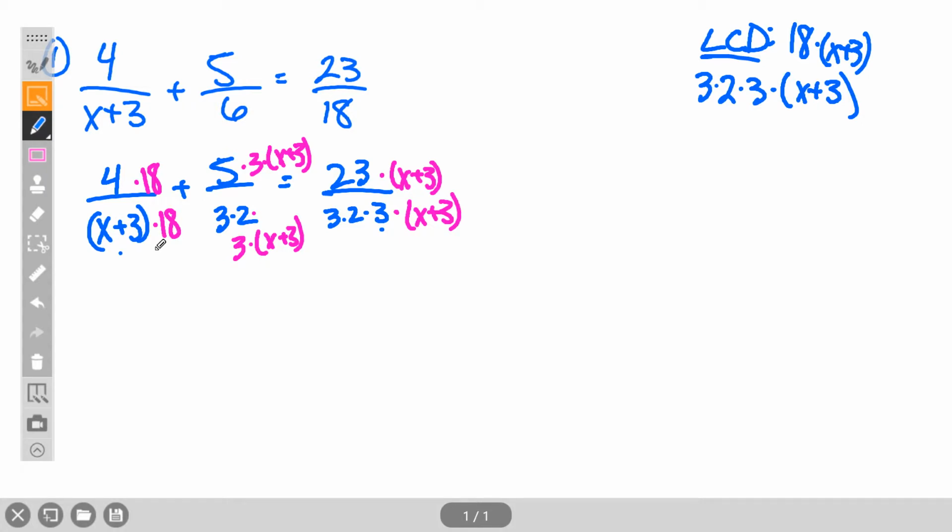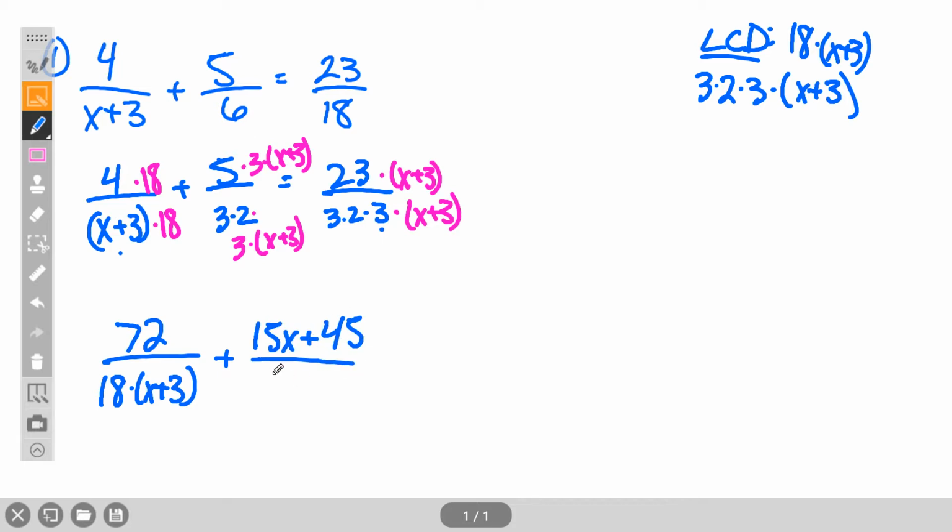So 4 times 18 is 72, so this becomes 72 over 18 times x plus 3. 5 times 3 is 15, and 15 distributed into x plus 3 becomes 15x plus 45, over 18 times x plus 3.